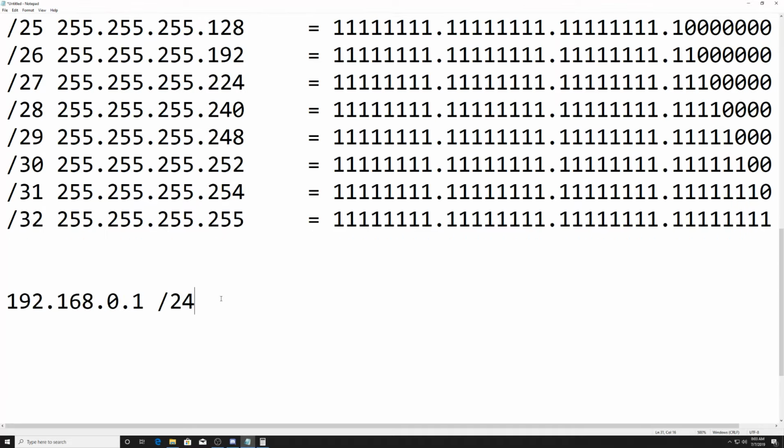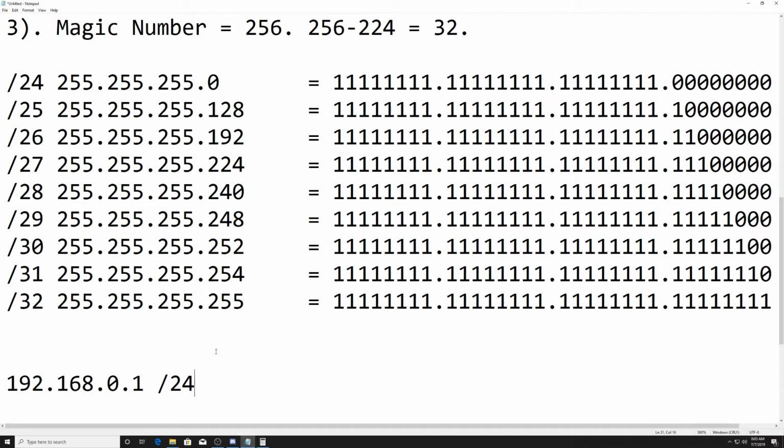So if you're running with the /24, the network is 192.168.0, because the first three octets fall under the 255s. The 0 means your host bits.